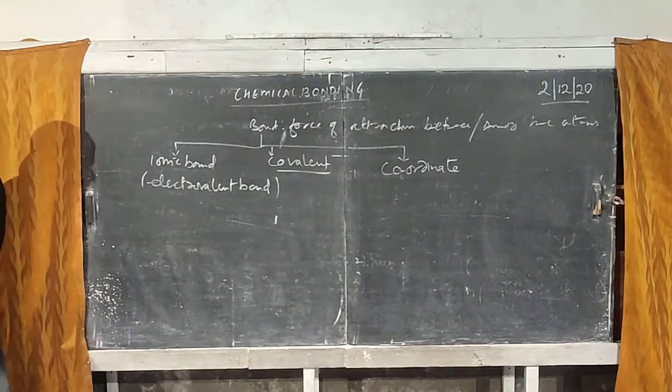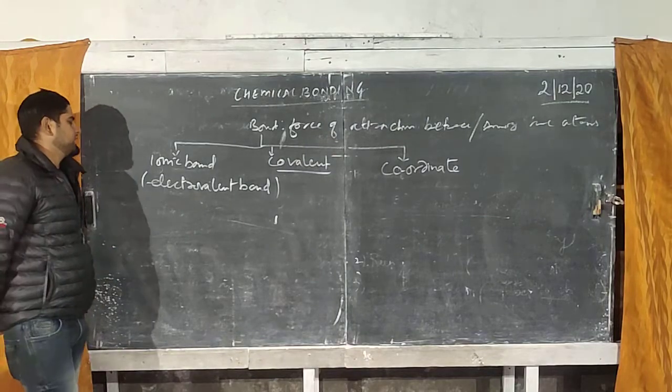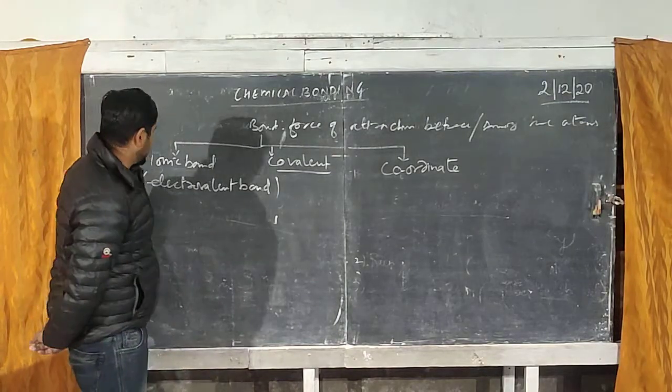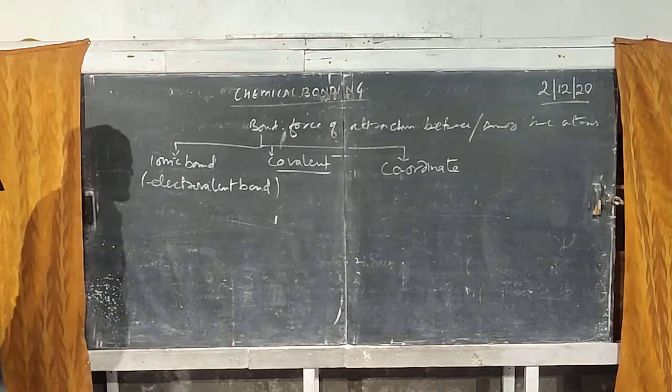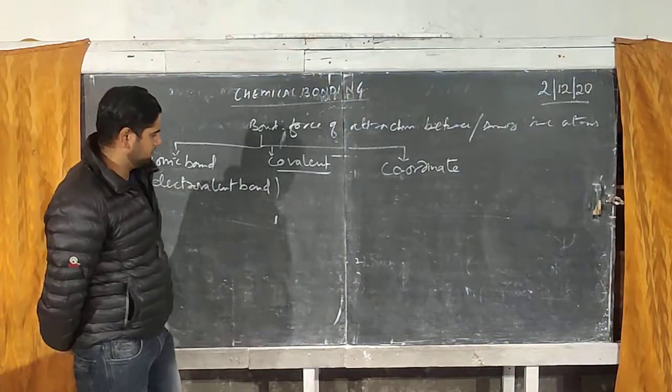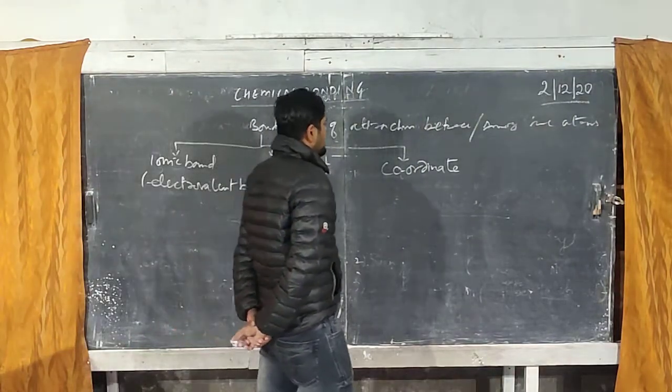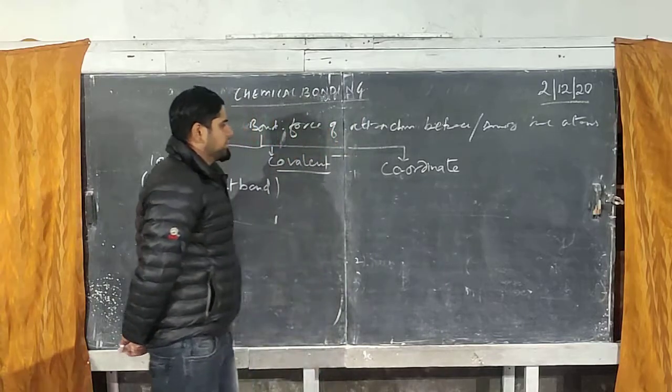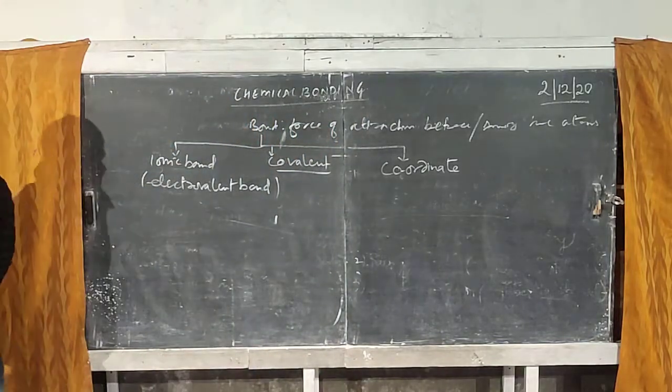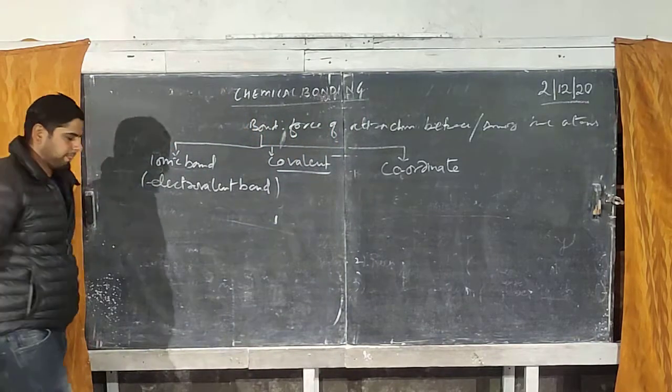So the process of formation of an ionic bond is called ionic bonding or electrovalent bonding. The process of formation of a covalent bond is called covalent bonding, and similarly the process of formation of a coordinate bond is called coordinate bonding. Yes or no?